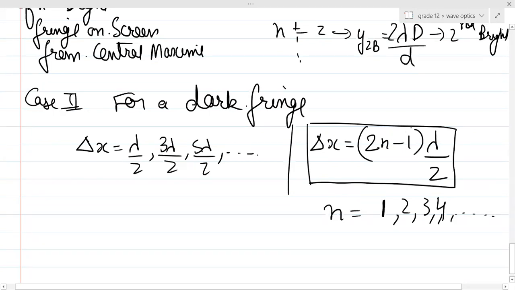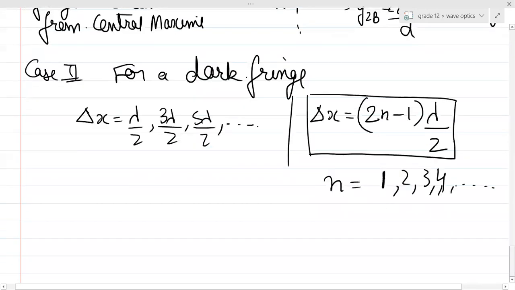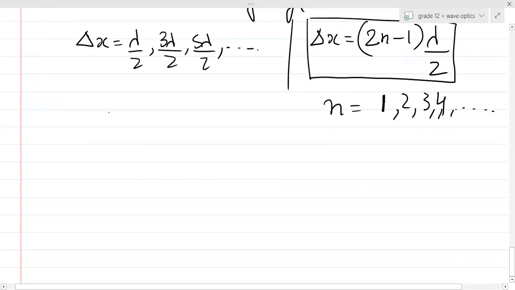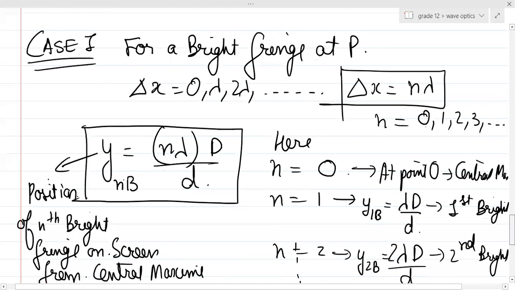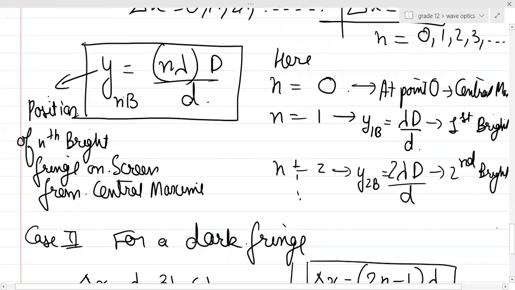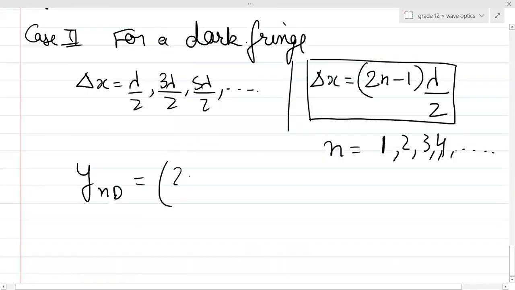If I would have started with 0, this would have been plus 1. Can you see over here, if I put this path difference in nth dark, in place of Δx I'll put this thing. So it will become (2n minus 1) by λ/2, this path difference multiplied by D by d, right?